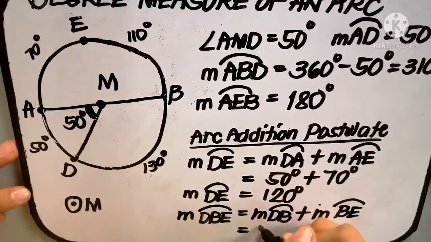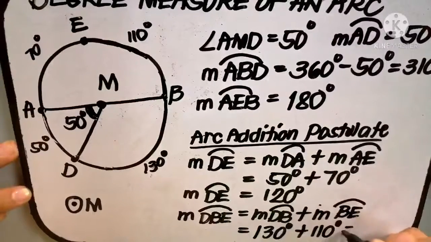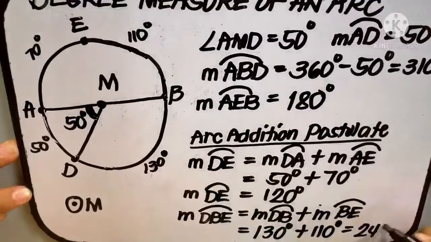That is 130 degrees plus 110 degrees. So you have 240 degrees.